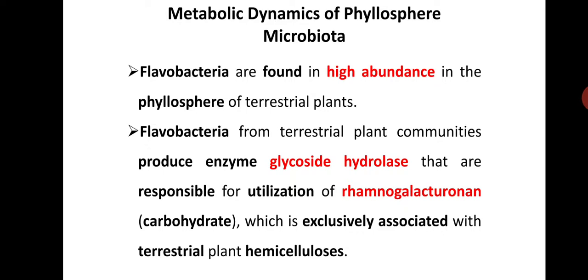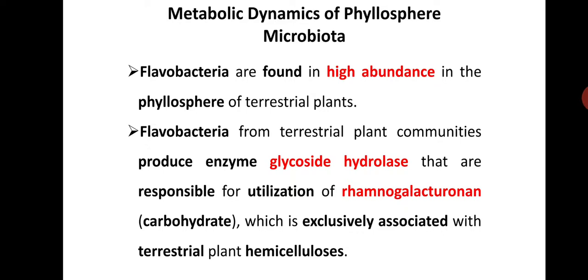What are flavobacteria? Flavobacteria are gram negative, motile or non-motile, rod-shaped bacteria, and they have the ability to cause diseases in fishes and soil-borne diseases in plants, right?